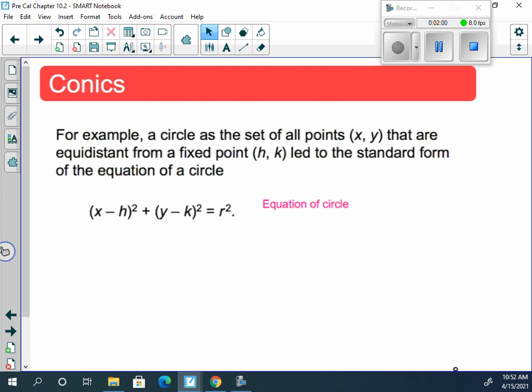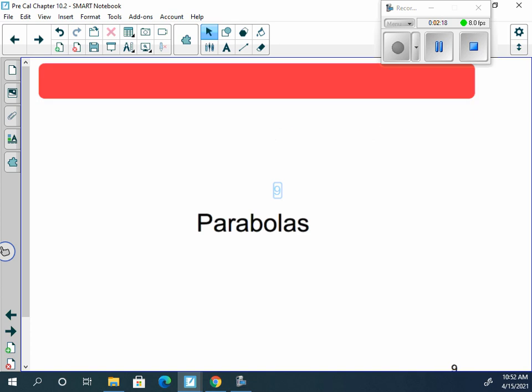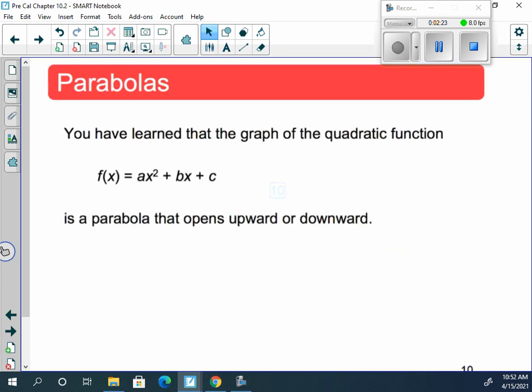For example, a circle: (x minus h) squared plus (y minus k) squared equals r squared is the equation that satisfies all points on a circle. If we know the center of the circle and its radius or a point, then we can find the equation that defines it. Now, for today, we're mainly going to focus on parabolas.